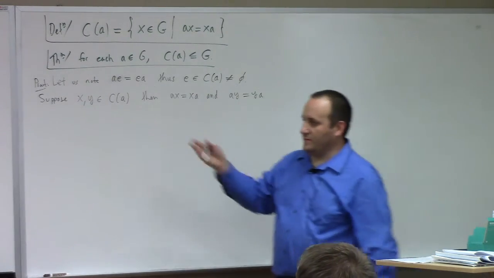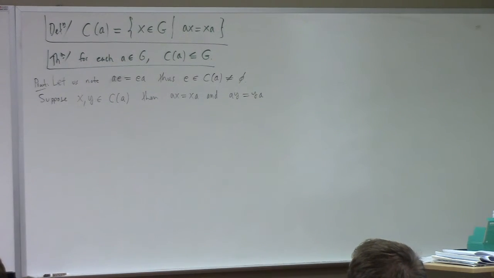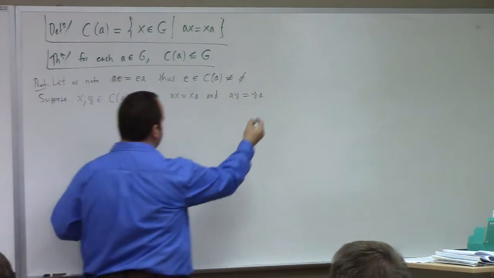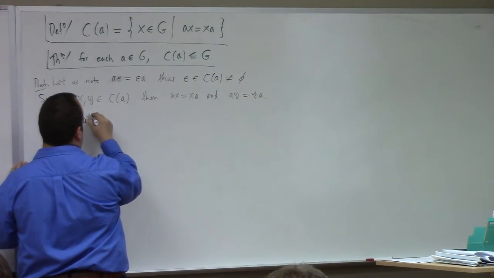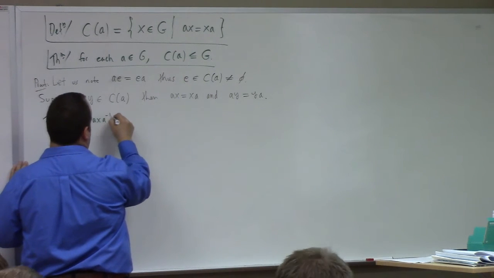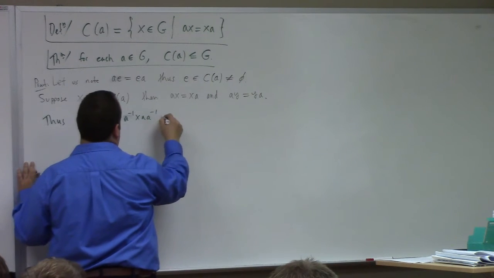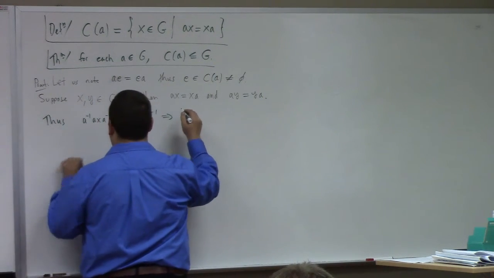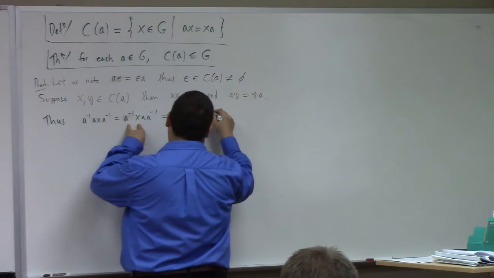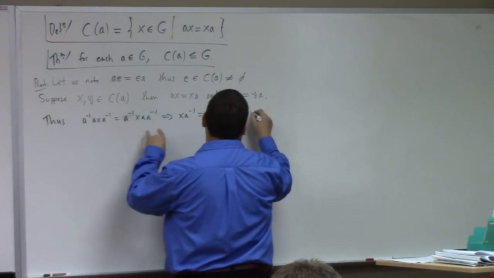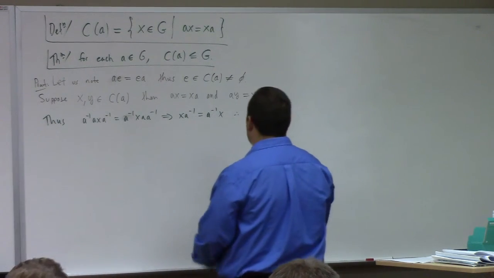So it's almost the same argument we just went through here. I'll do it two-steppy this time. First of all, thus, A inverse AX A inverse equals X A inverse X A inverse, which implies, canceling the inverses, X A inverse equals A inverse X. So therefore, oh, I'm an idiot. That's not what I wanted to do at all, is it?